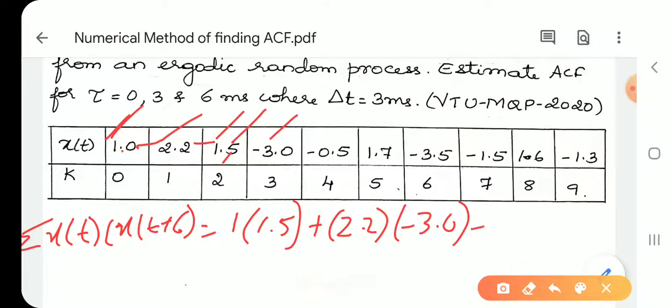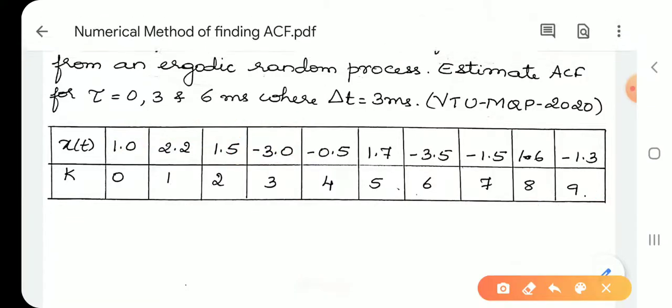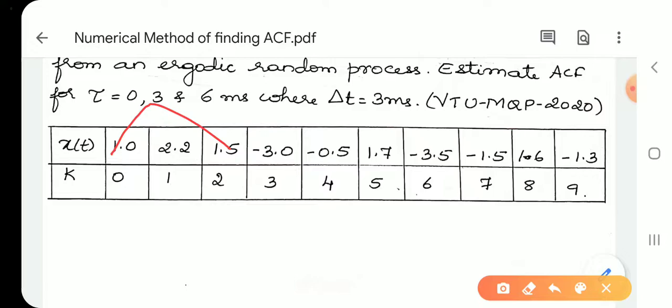Then the third value, 1.5, after 6 minutes means 1.5 after again 3 minutes, it is minus 0.5, like this. Take one, leave the next one.